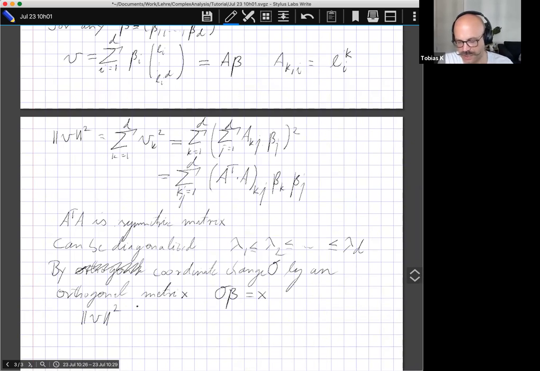So I see that this is equal to the sum i equals 1 to d of lambda i xi squared.